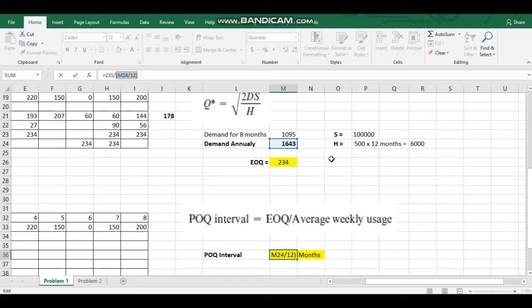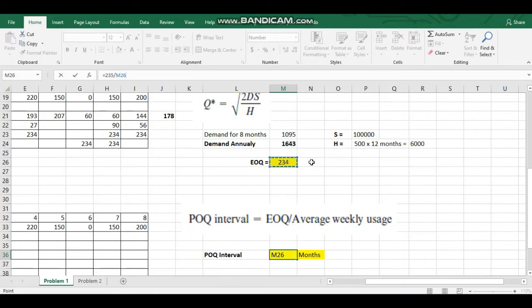Since it's in months, you just have to adjust it. So it becomes average monthly usage, and we get average monthly usage by dividing the annual demand, 234 units, by the number of months in a year, which is 12.